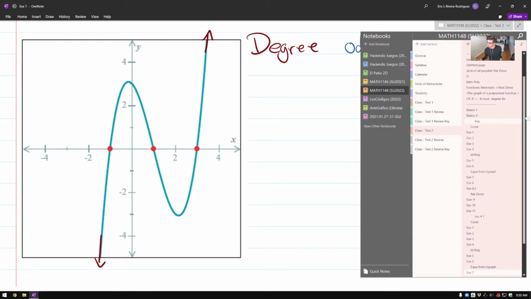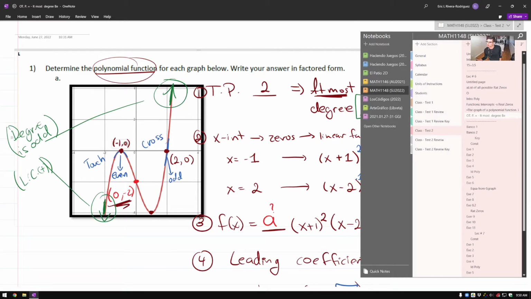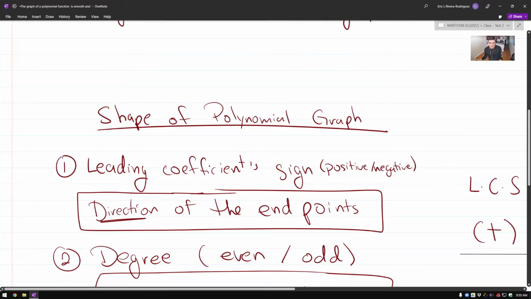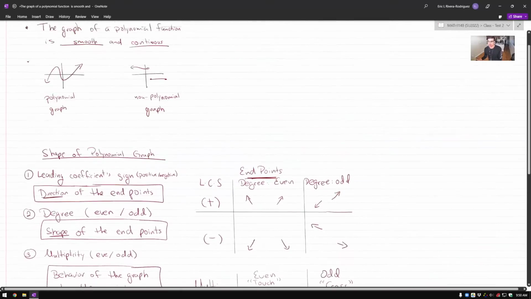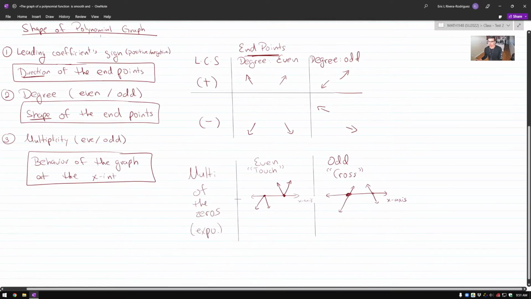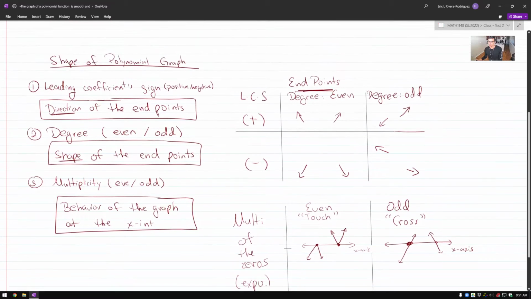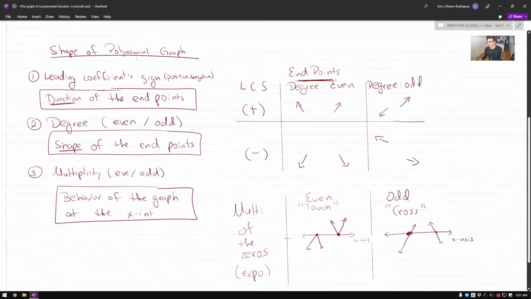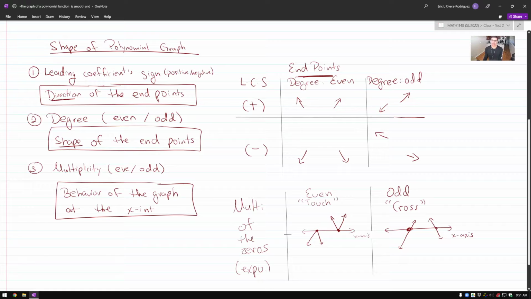Let's go to the previous class. The shape of a polynomial graph is determined by three concepts of the polynomial itself: the leading coefficient, the degree, and the multiplicity of the zeros.